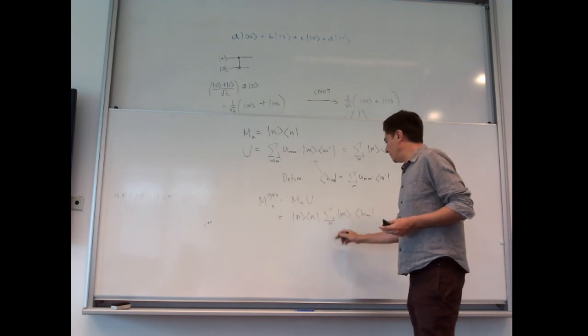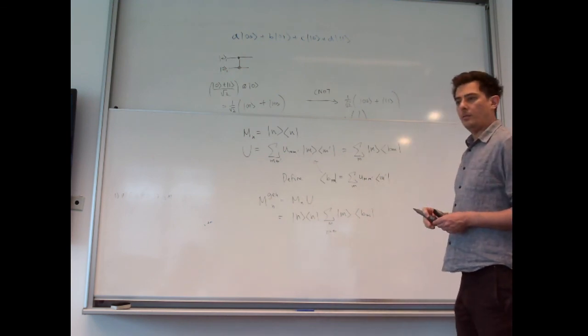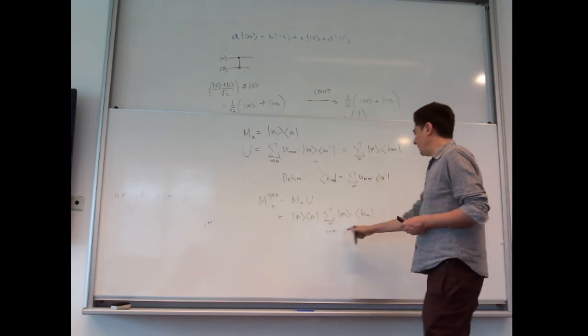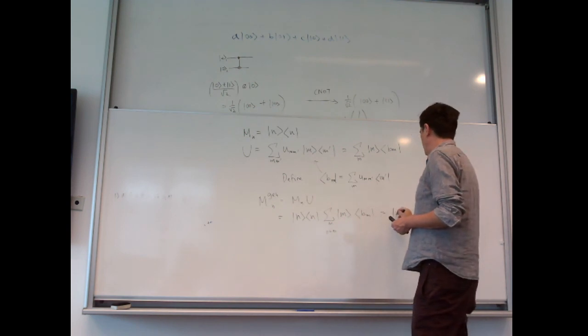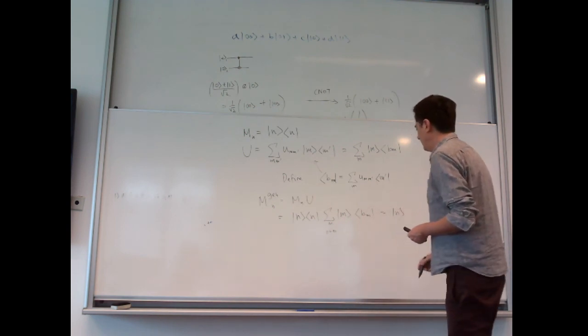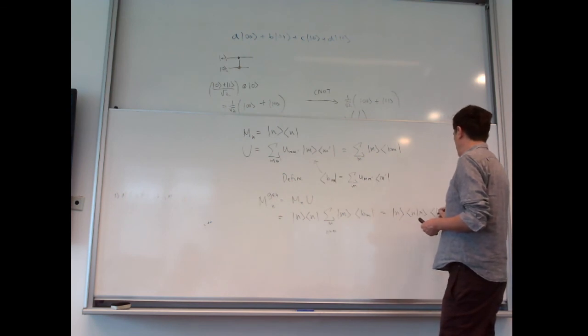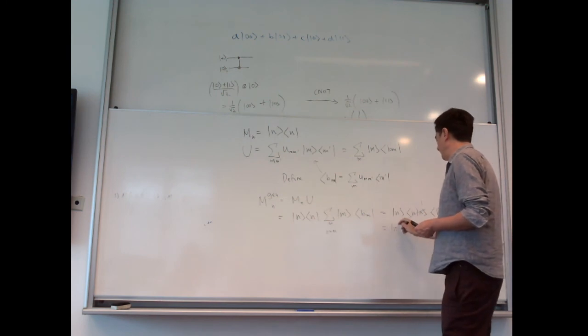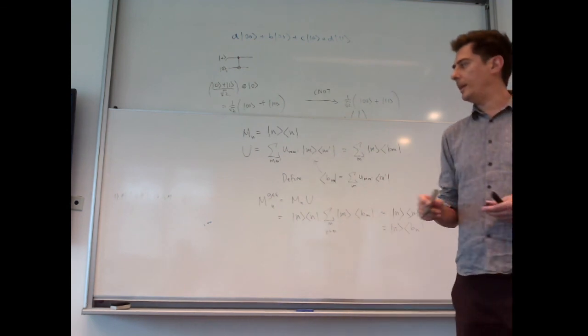So we need n to be equal to m in order for this to be non-zero. So this sum actually collapses, and what we end up having is n Bn. This thing is 1, and then we have that.